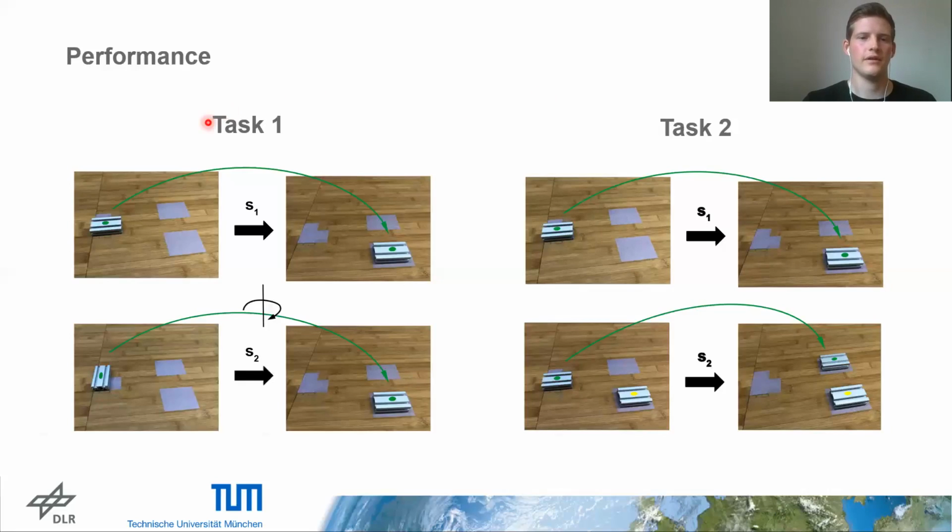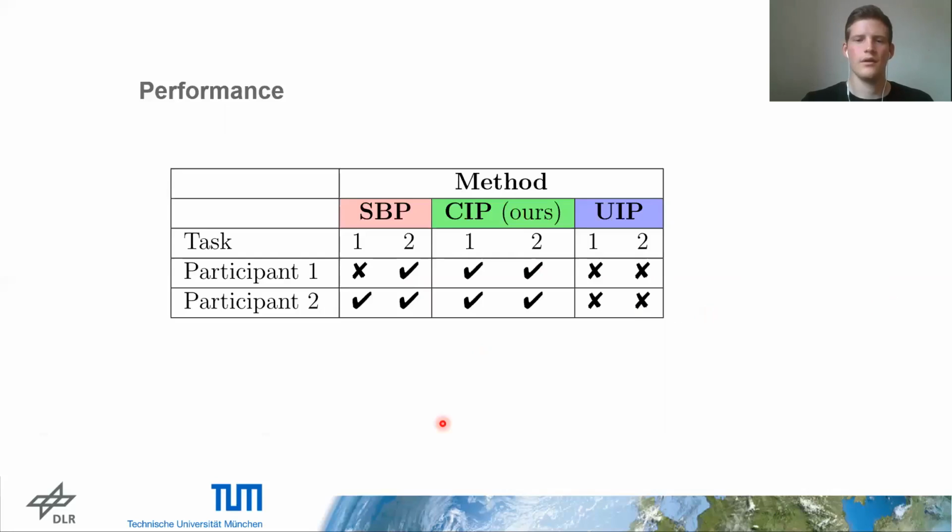The first task is the one that I've already explained to you and that you've seen in the videos. And the second task that the participants had to program consists of the same first skill, but in case an object is already located at the goal location, the robot has to bring the object from the start location to another goal location. We've asked two participants to program the two different tasks with the help of the three methods.